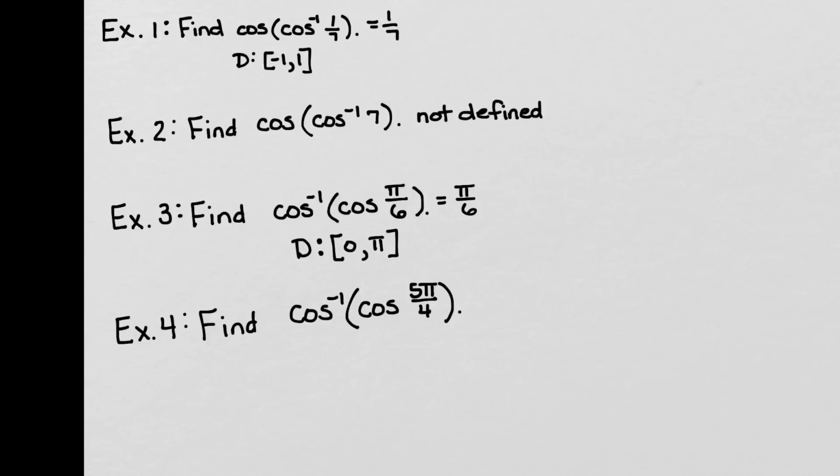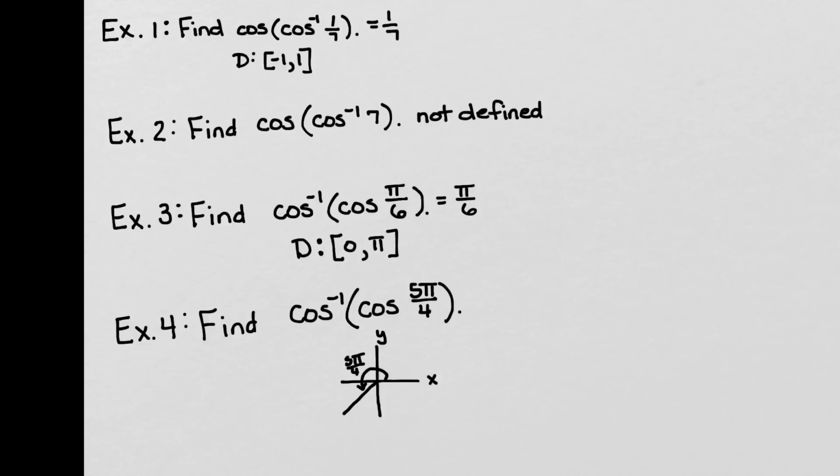So what I'm going to do is draw my x and y axes, and locate the angle 5 pi over 4, and that's actually in quadrant 3. And what do I know about quadrant 3 and the cosine function?